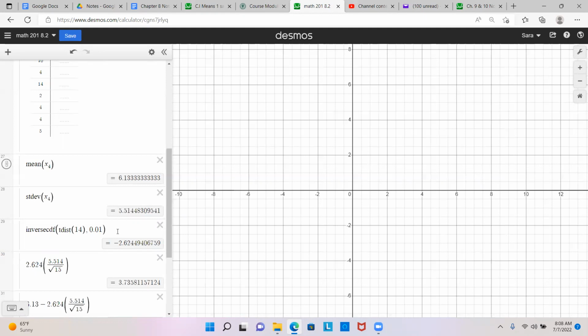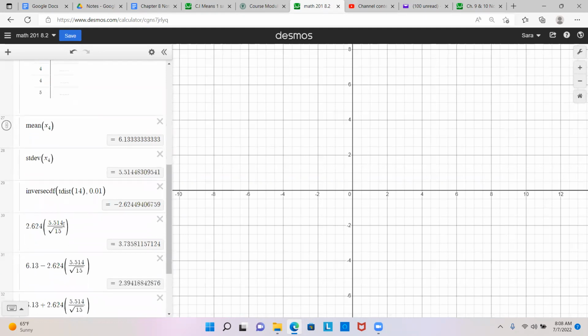And so we're calculating our error bound of the mean right here is 3.7358.